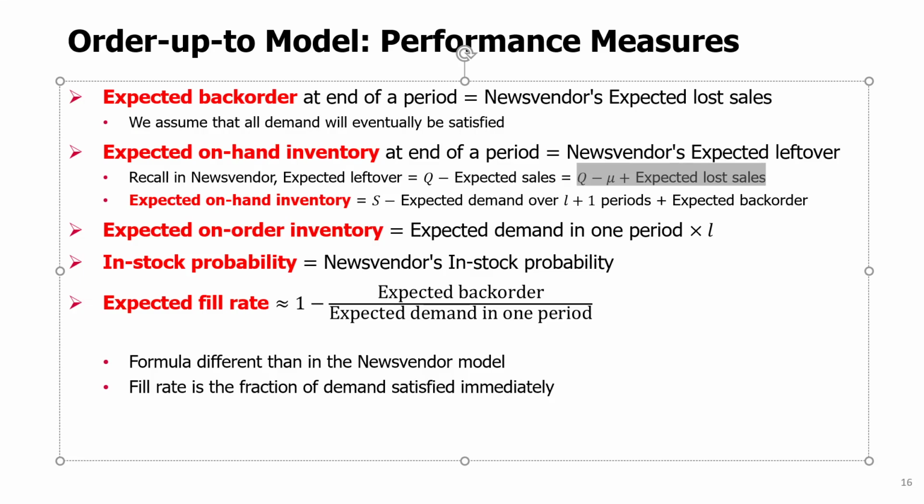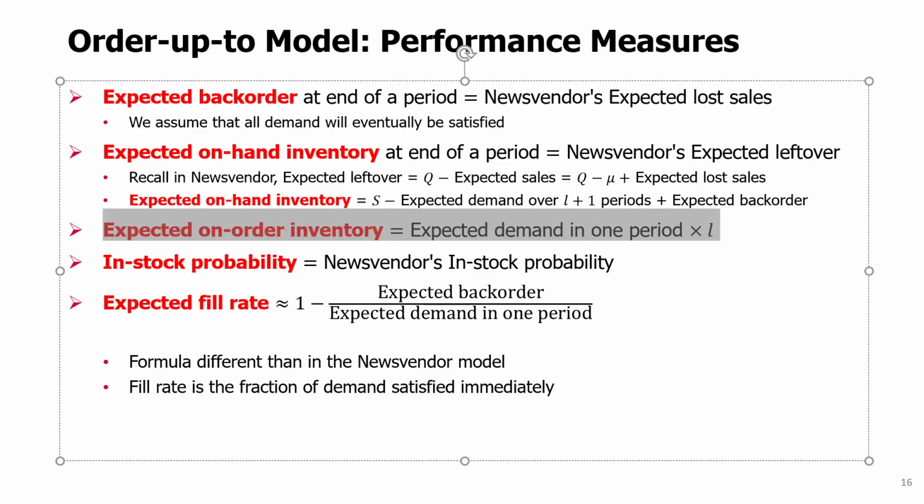In an order up to model, Q is replaced by order up to level S. Expected demand is now expected demand over L plus 1 periods, so instead of mu, we put expected demand over L plus 1 periods. And expected lost sales, as we just said, is now expected backorder. So we can calculate expected on-hand inventory in the order up to model using this formula: S minus expected demand over L plus 1 periods plus expected backorder.